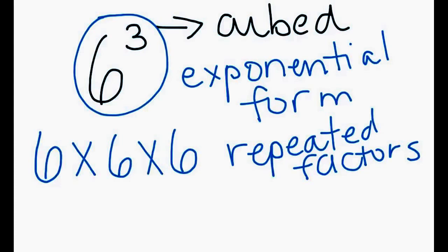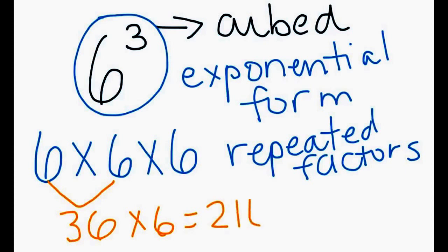And then the last form that you could write it in is its standard form, where you're just multiplying it out and you're actually going to solve it. So I have, let me change colors, 6 times 6 is 36, times 6 equals 216. And this is standard form.